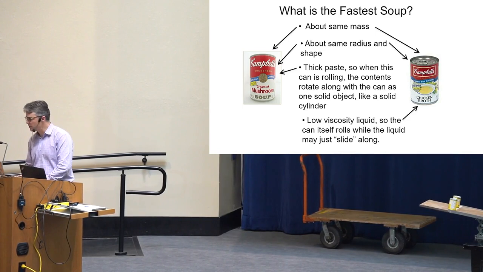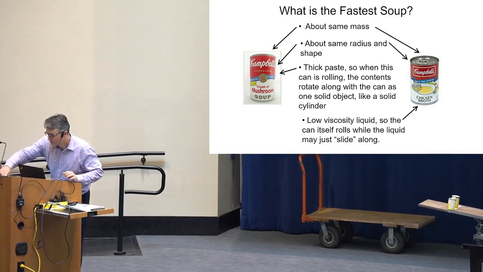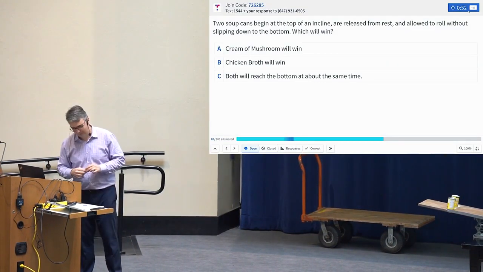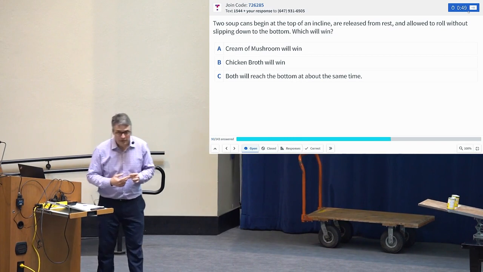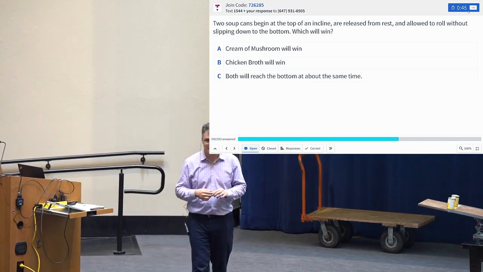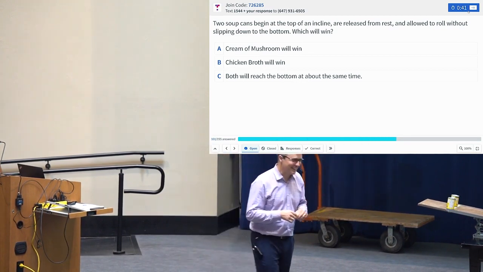Please check your neighbor, see what your neighbor's voting. And then we'll try it out. Jonathan was telling me that this race is fixed. Fixed by the laws of physics, that is.